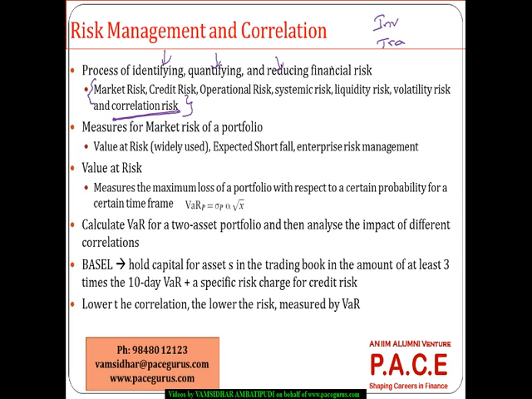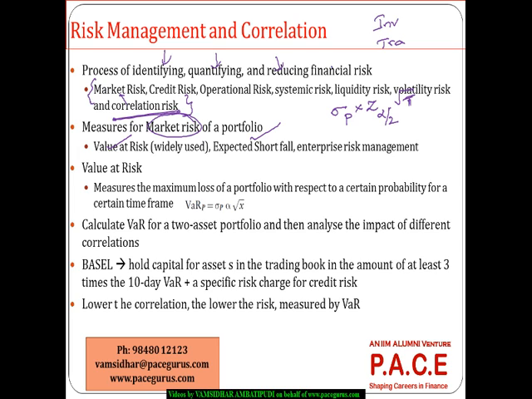Generally, if I am trying to link correlation with market risk, we know that one of the widely used measures for market risk is value at risk, or sometimes expected shortfall is used. Now when I look at market value at risk, what is the typical formula? We look at the standard deviation of the portfolio multiplied by the Z value, which is the standard normal distribution value at the alpha by 2 significance level, and the square root of time.